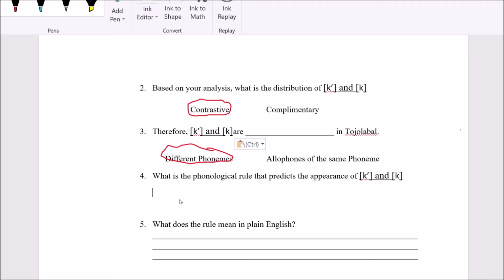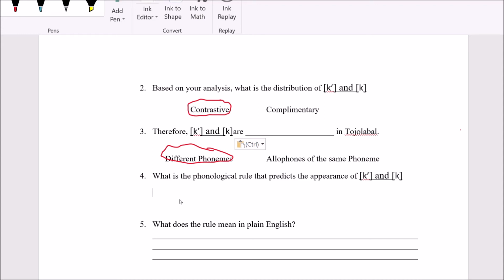Aspirated and unaspirated K. So the phonological rule. You'll get to this part of your test. Let's imagine that this was on your test, and you find two phonemes in contrastive distribution, and you get to the question: what is the phonological rule that predicts the appearance of k and k?